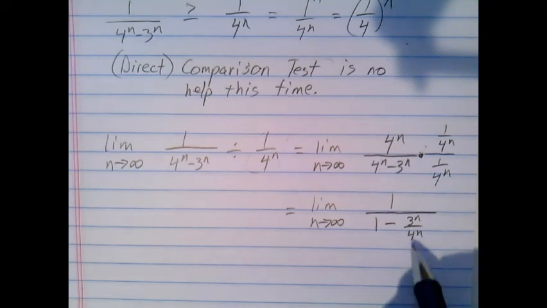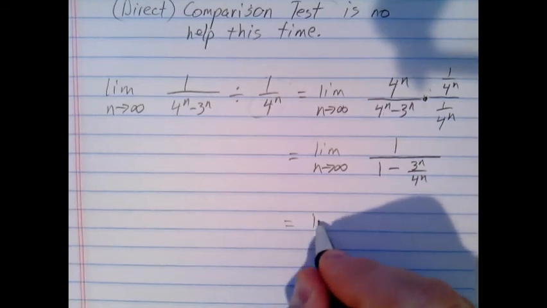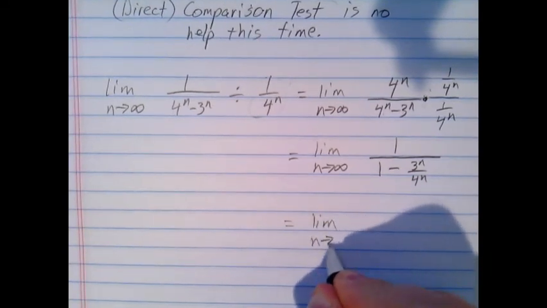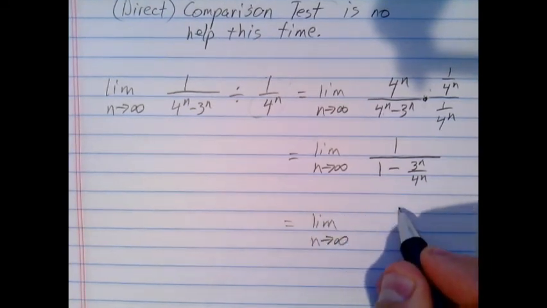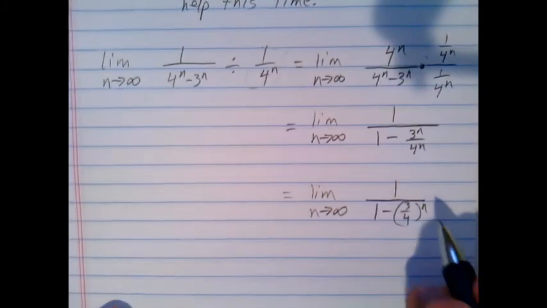Now I'm going to use that rule that says, hey, if you're dividing and you've got the same power, you can make it one fraction to that power. So this equals the limit as n goes to infinity of 1 over 1 minus (3/4) to the n.